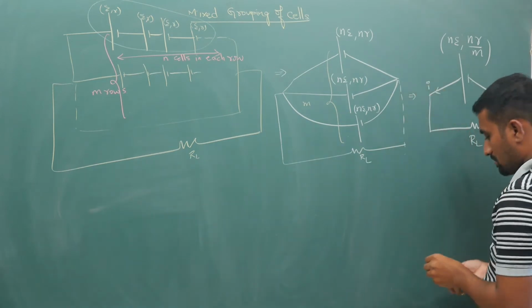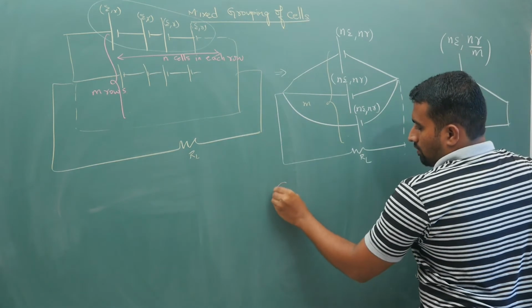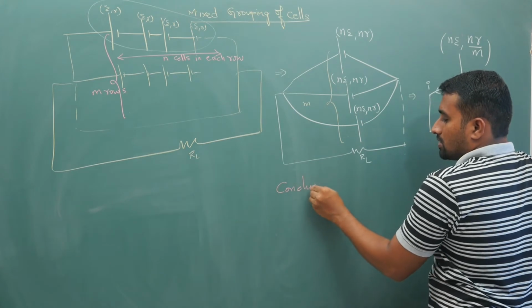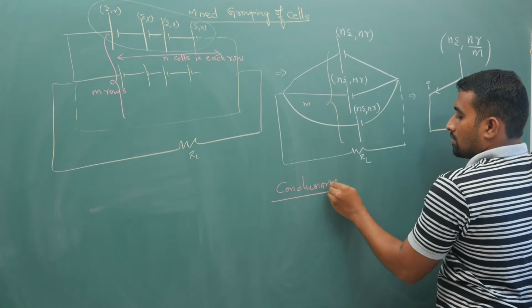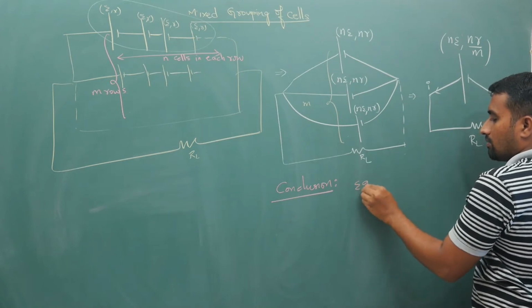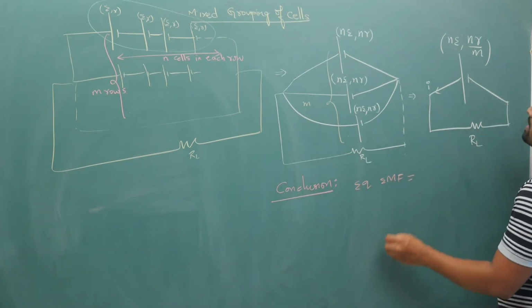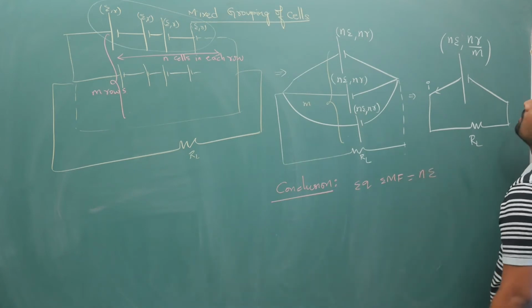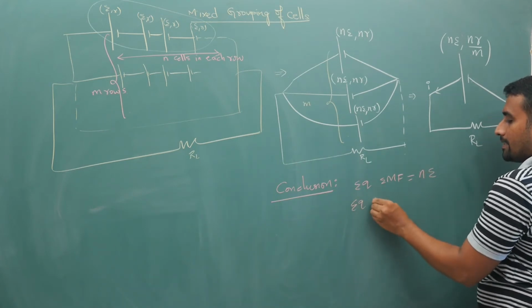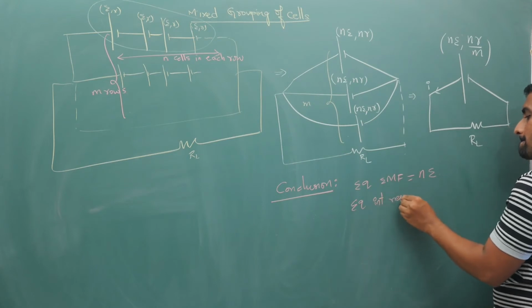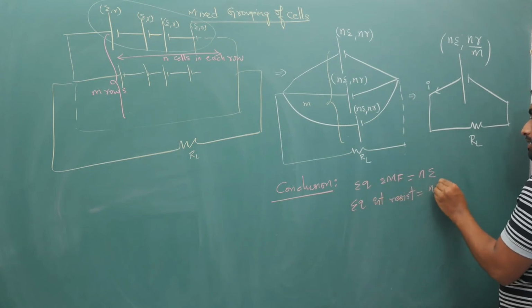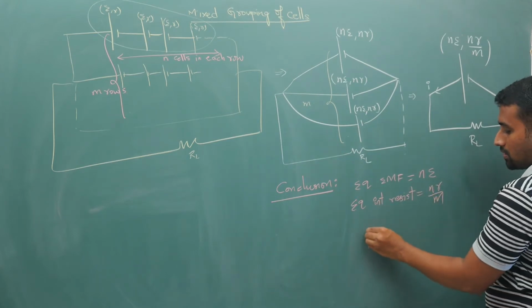So from this much, what is your conclusion? Your equivalent EMF is N into E. Equivalent internal resistance is NR by M. What is your current I?